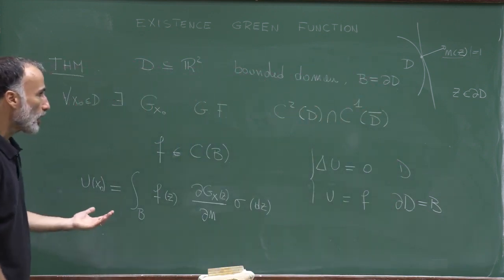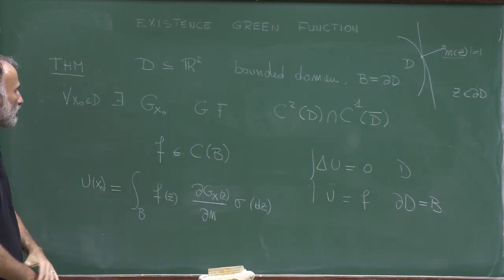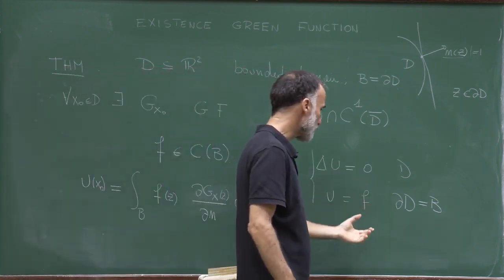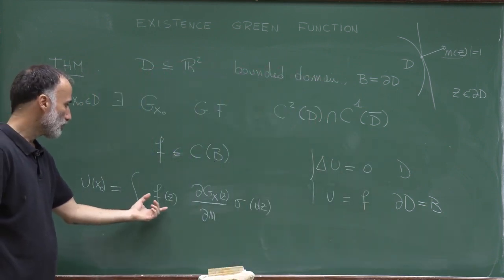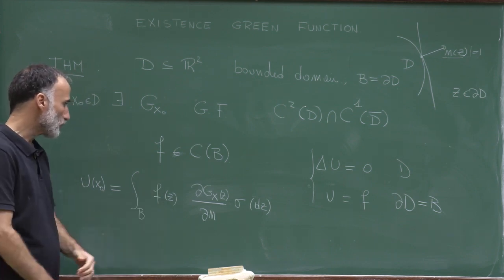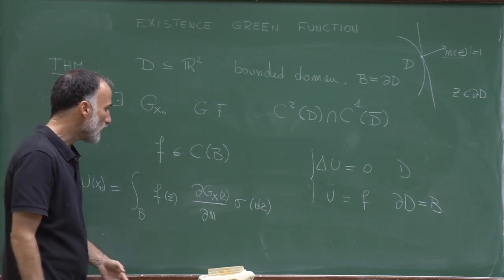So it follows from the existence of a Green function that you can solve the Laplace equation for any continuous function, and you see that for that I need only f. For this integral to be well defined, I only need f to be bounded.